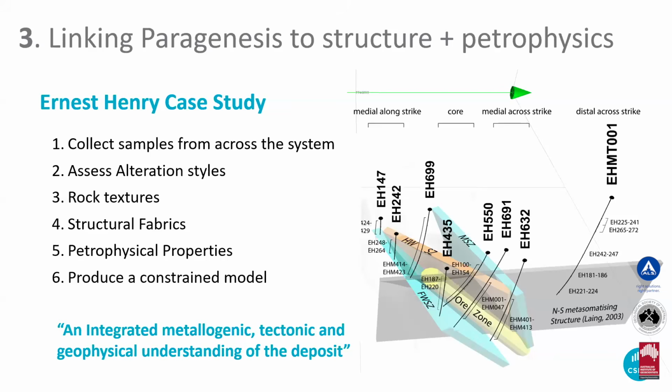We've sampled maybe 10 to 12 drill holes through the deposit, which are really aimed at covering all the major structures, the major shear zones, the breccia, going from the distal footprint through the medial footprint into the core, both across strike and along strike.